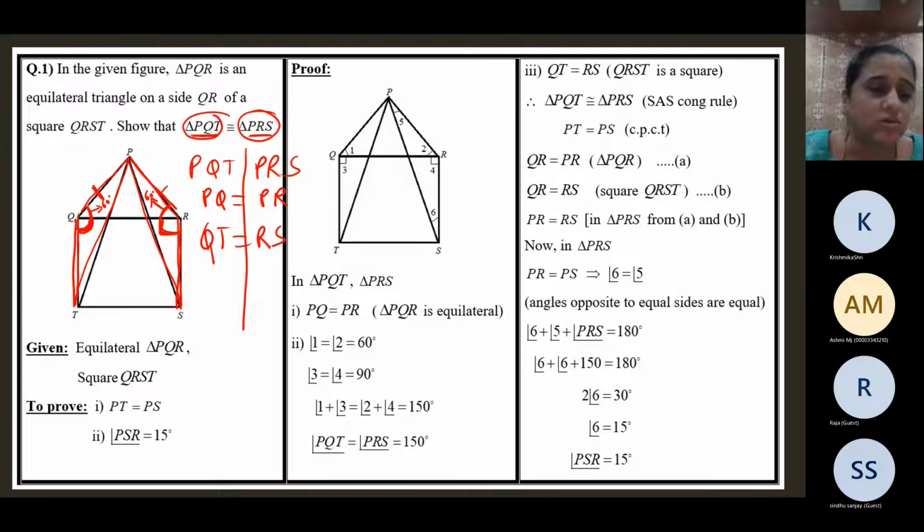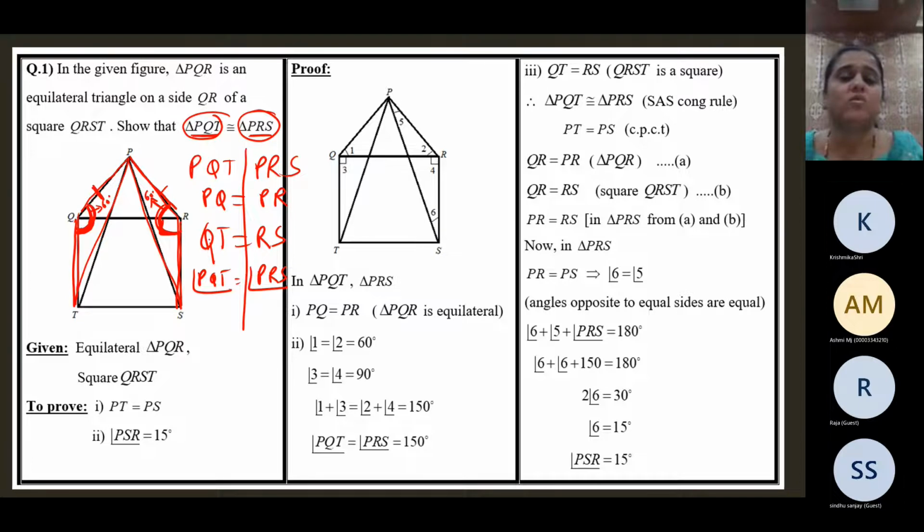So this angle of the first triangle is equal to this angle of the second triangle. Angle PQT is equal to angle PRS. PQT is an angle of the first triangle, PRS is an angle of the second triangle, and both of them measure 150 degrees.